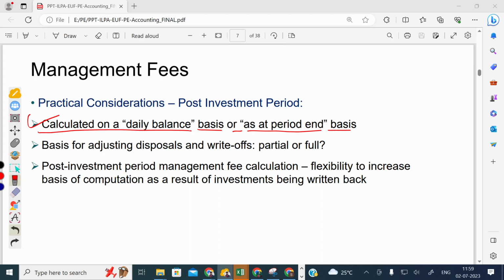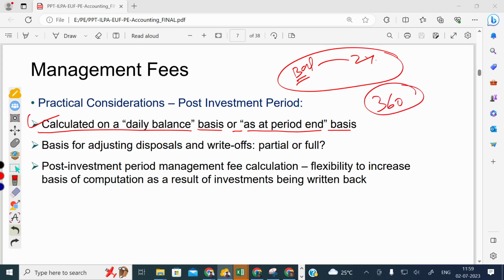You know the commitment balance, you can charge 2% on this balance, and whatever the 2% amount would be, split that across 360 days, and that becomes your daily fee.